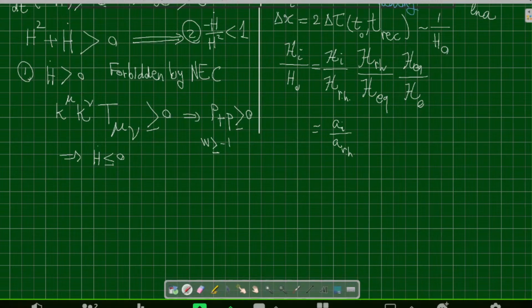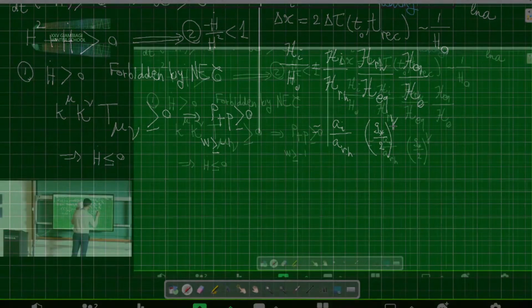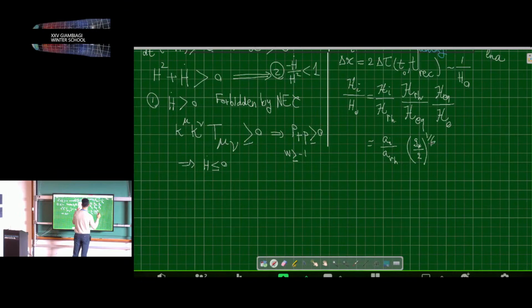So if you want to write the exact formula, it is the number of relativistic degrees of freedom at the time of reheating, divided by 2, to the power 1/6, times T_reheating divided by T_equality. T_equality, remember, is of the order of 1 electron volt.